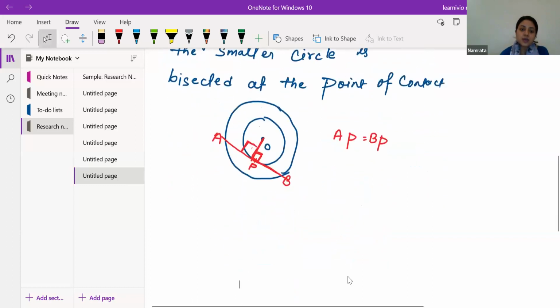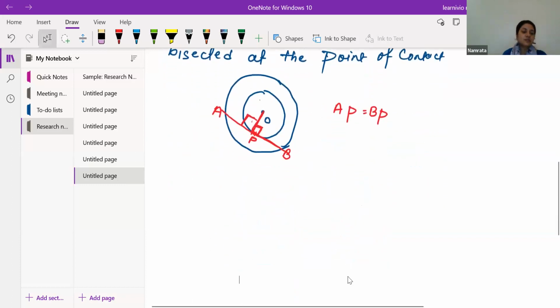Let's do the next theorem. So here the next theorem says two tangents. Let me draw the figure only rather than writing the whole thing.